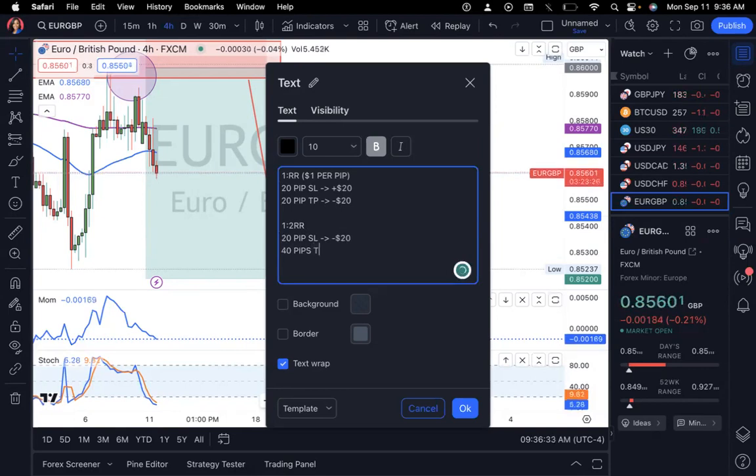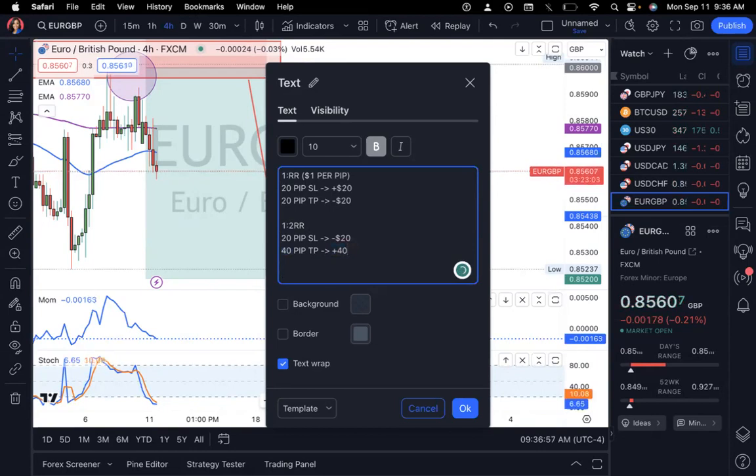And we could potentially gain $40 in this trade if the market were to go in our favor. Now, this is a 1-to-2 risk to reward ratio because the risk is half of what our reward would be.